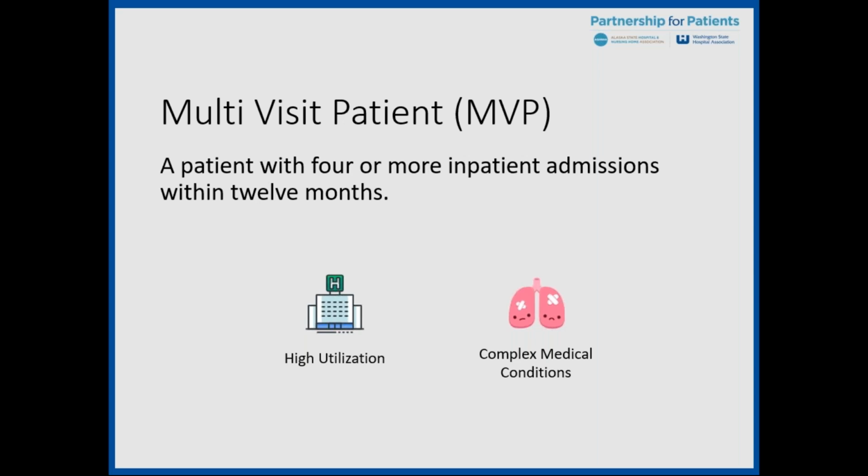And lastly, I'll mention that we define the utilization by inpatient admissions. That's full inpatient admissions, not OBS or ED visits, although these patients might also have multiple OBS and ED visits, but we define it by that inpatient admission.